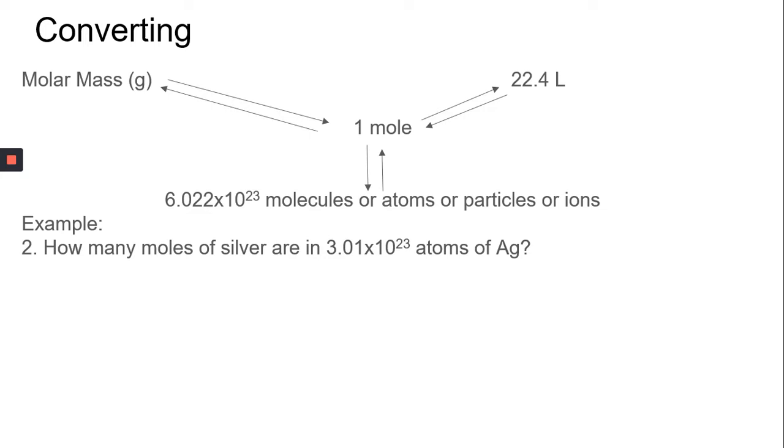So here we're given atoms of silver, so we're starting with Avogadro, and we're trying to go to moles. So we're using this conversion here, starting with Avogadro's number and then going to 1 mole. When we write our math, the table, we start with the given.